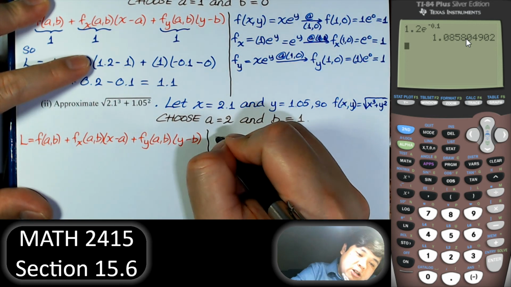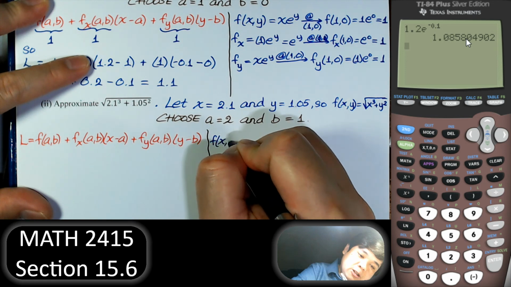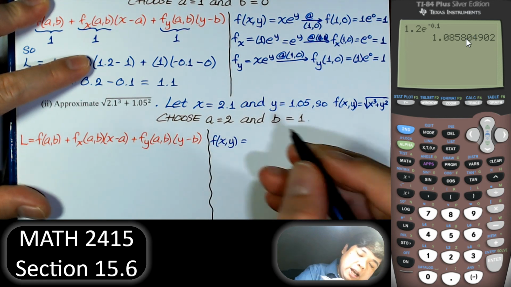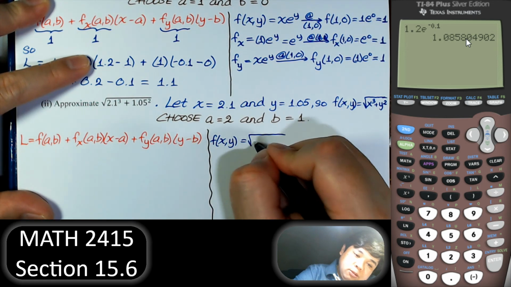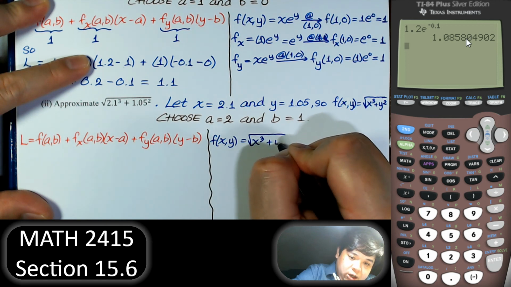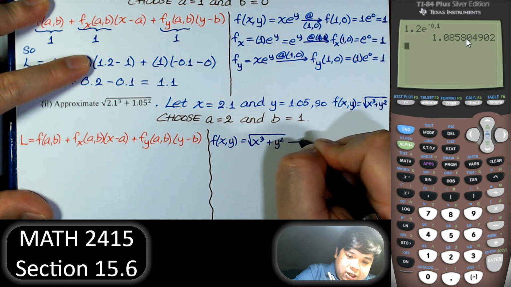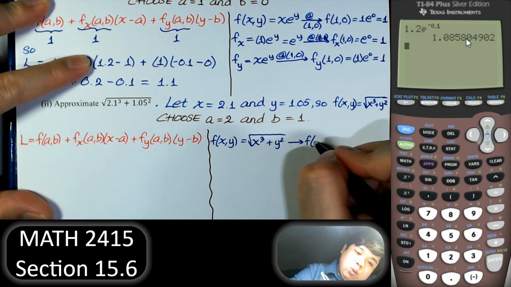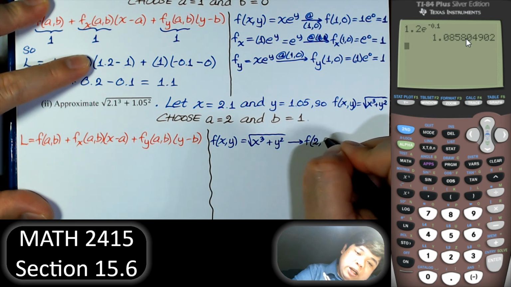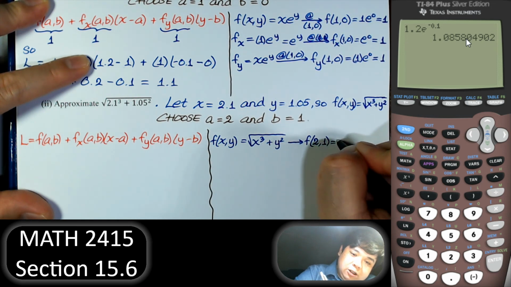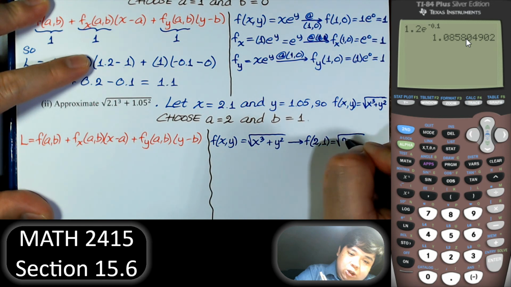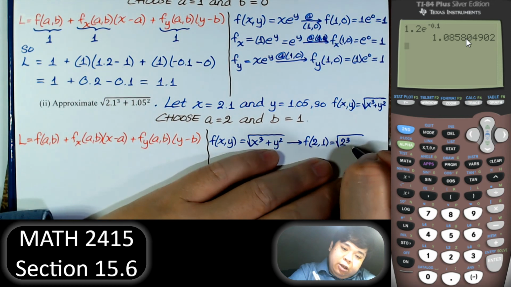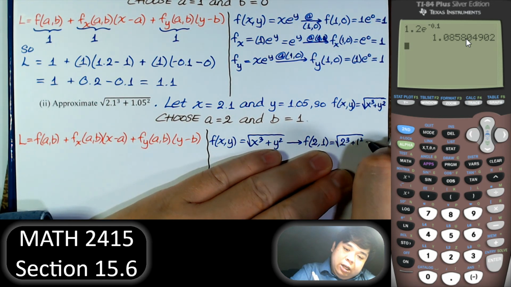We have the function square root of x cubed plus y squared. Now evaluate when x equals 2 and when y equals 1. 2 cubed plus 1 squared, that is 3.